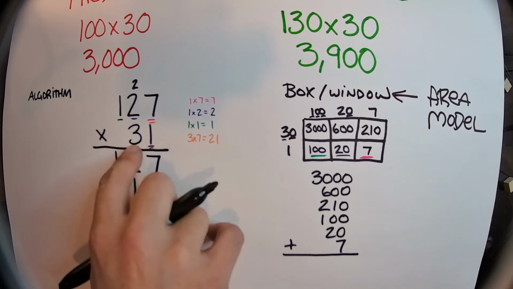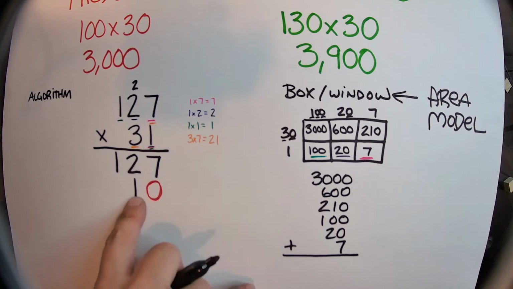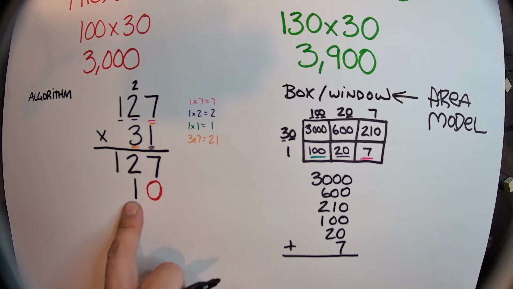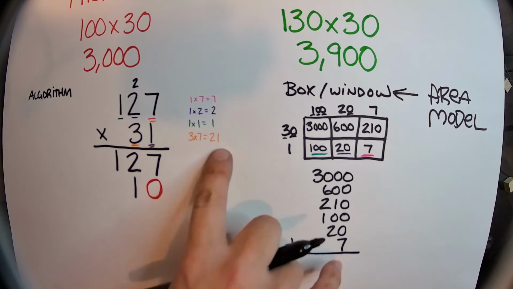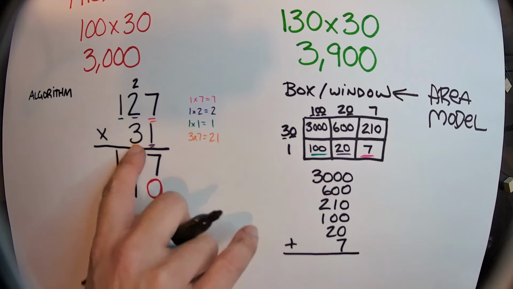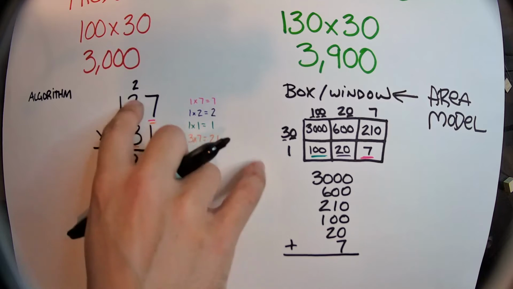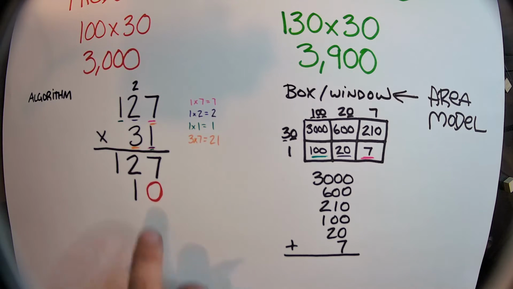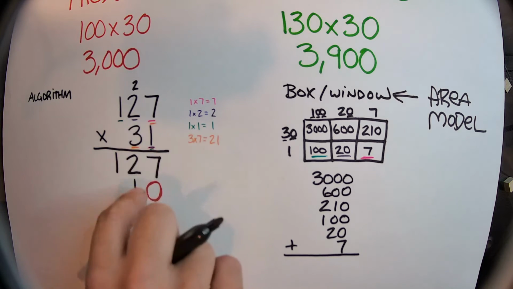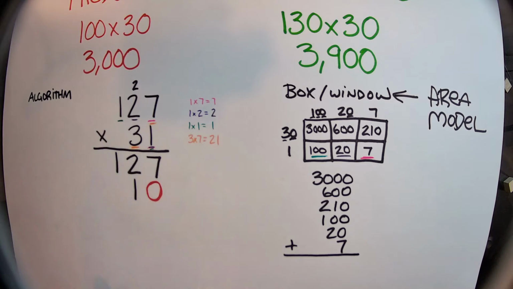The reason why, remember, is that we did 30 times 7, which is 210, so the 1 is in the tens place, and the 2 is going to be part of the hundreds. So 3 times 7, 21, put the 1 down, carry the 2.